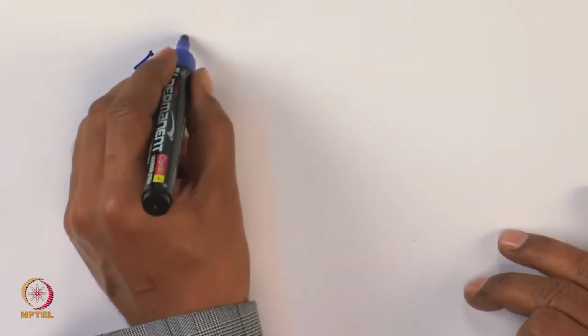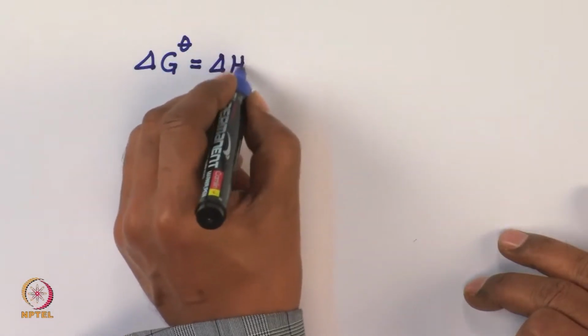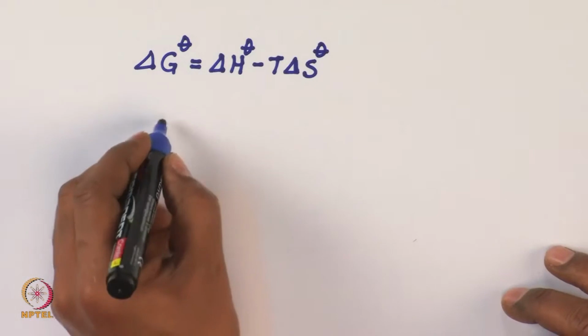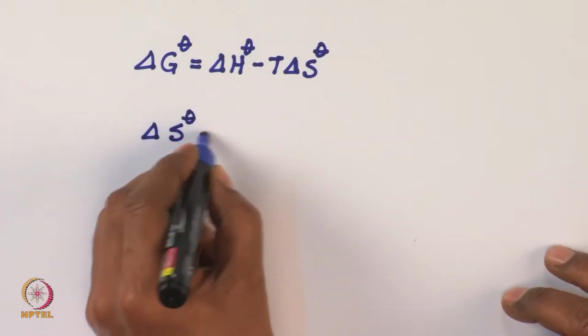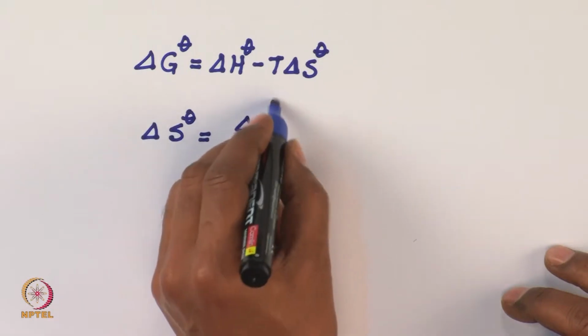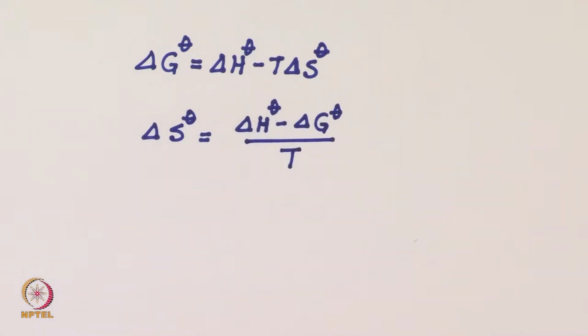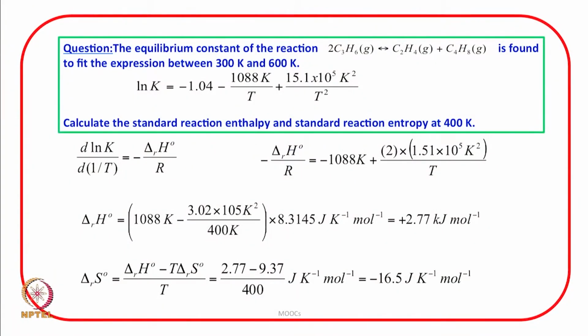Delta G naught is equal to delta H naught minus T delta S naught, and you rearrange this, delta S naught will be equal to delta H naught minus delta G naught divided by T. If we look at the slide, then after you substitute the numbers, we will get a value of delta S naught equal to.